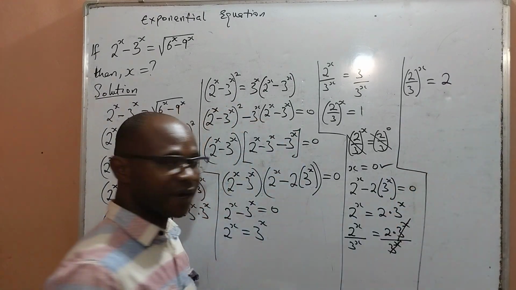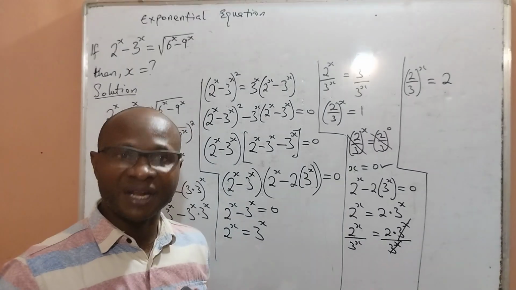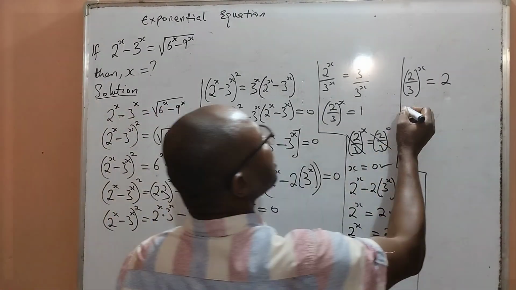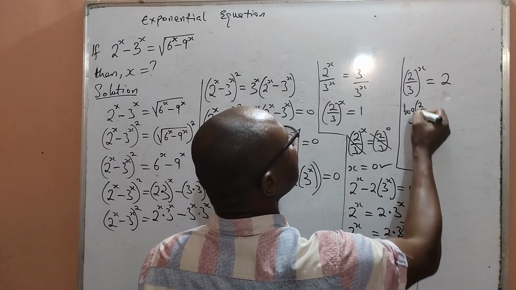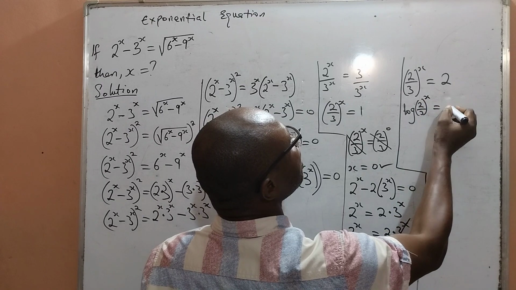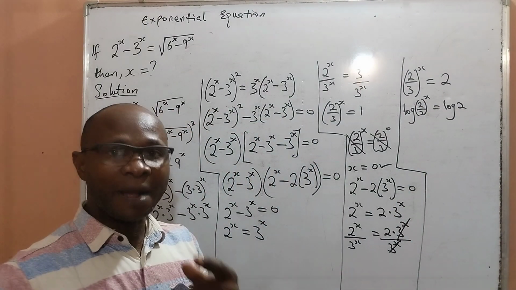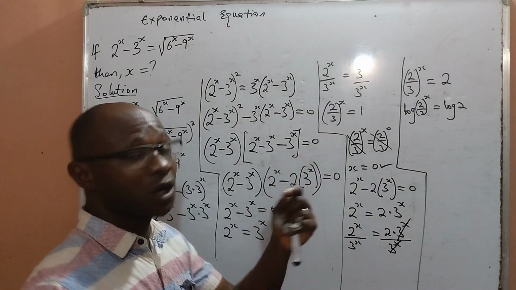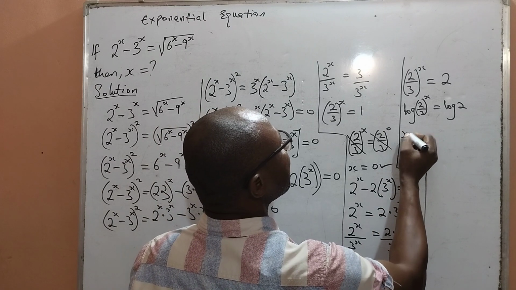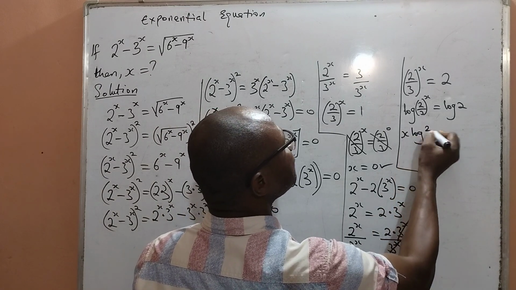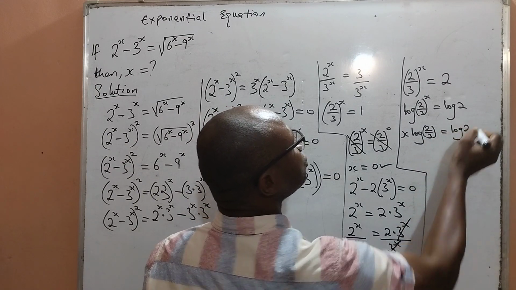Very good. At this point, I can now apply logarithms to both sides, and that means I shall now have it written log of 2 all over 3 to the power of x is equal to the log of 2. Applying the exponential law of logarithms, I will now move x to the front to have x times the log of 2 all over 3 is equal to the log of 2.